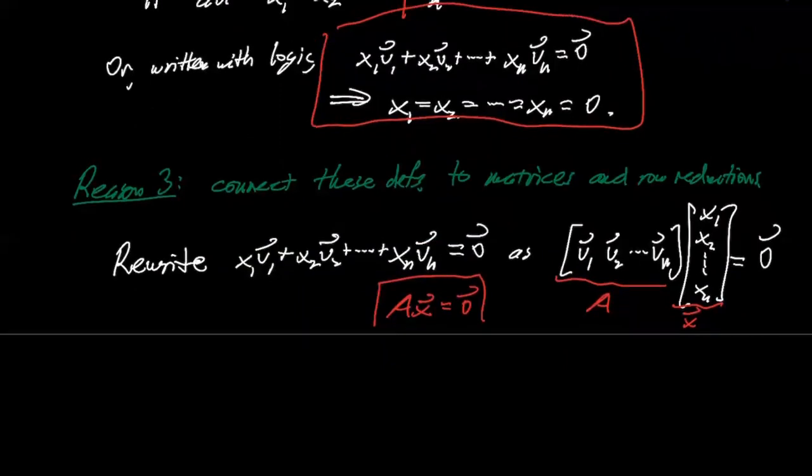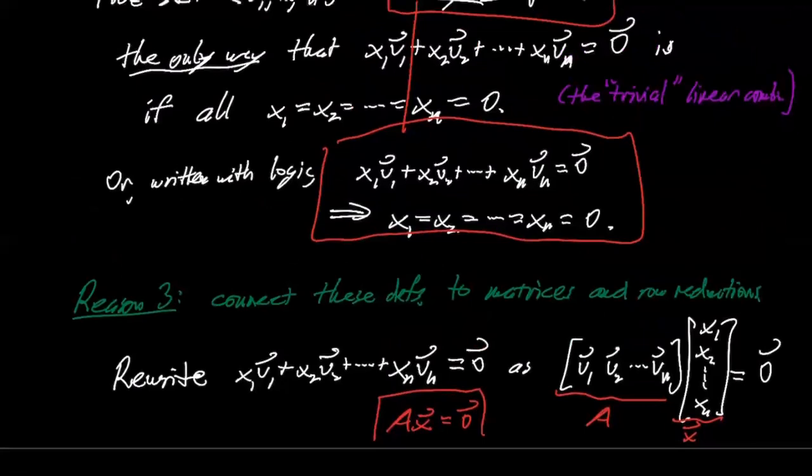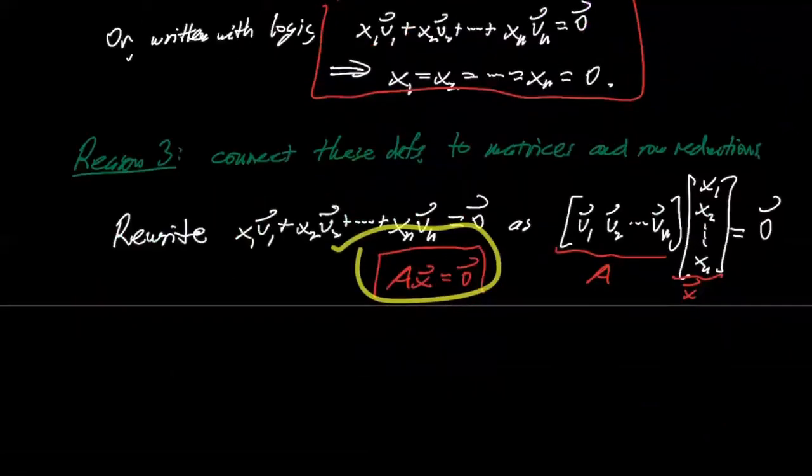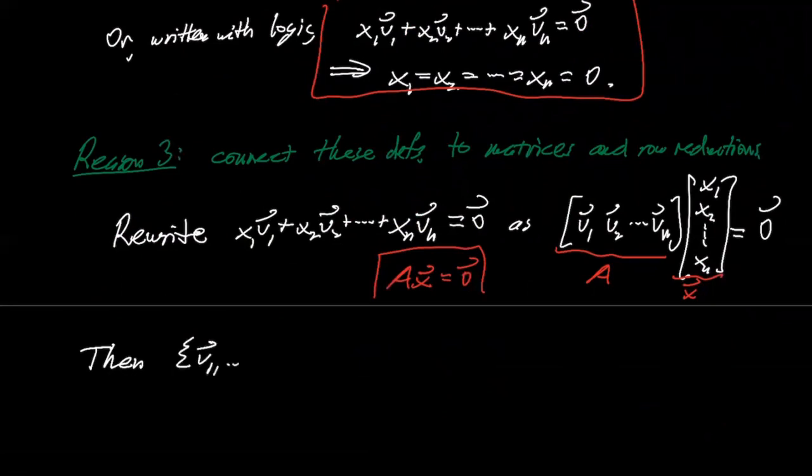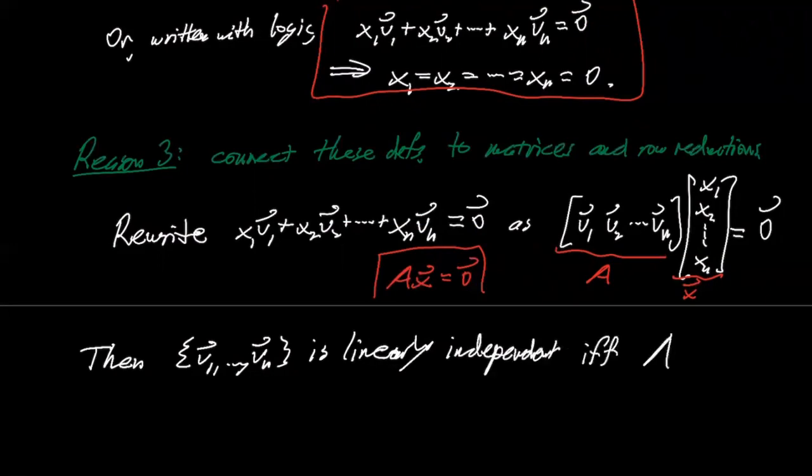If you go back up here to linear independence and convert this to this language right here, then the set v1 through vn is linearly independent if and only if Ax equals 0 has only the trivial solution x equals 0. It's only the trivial solution.